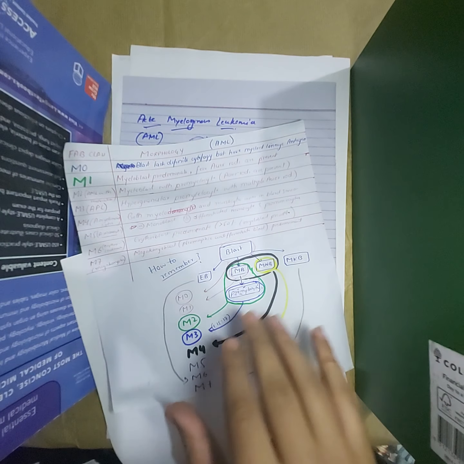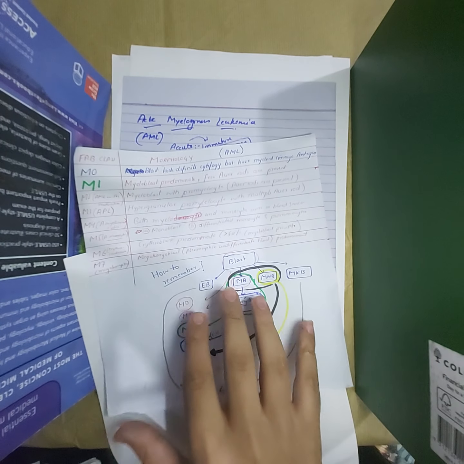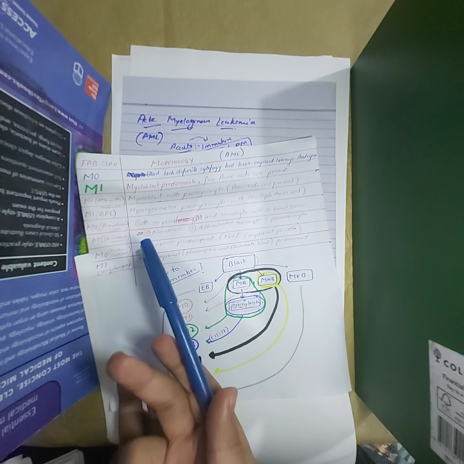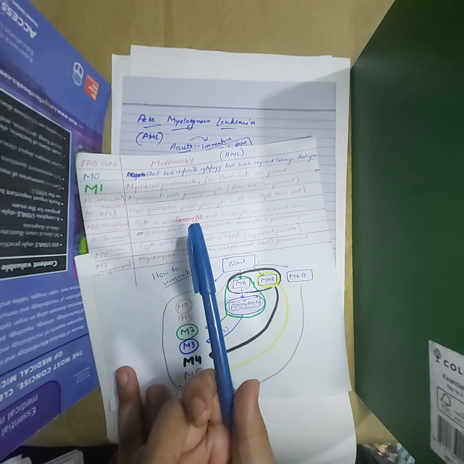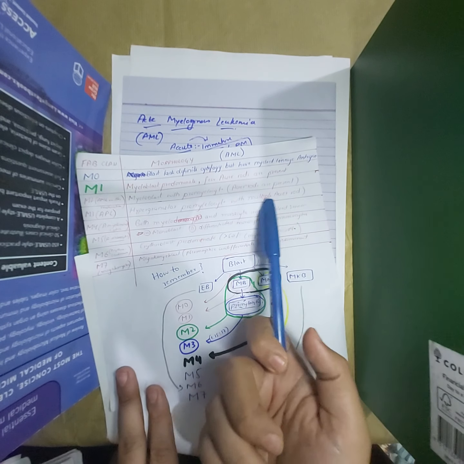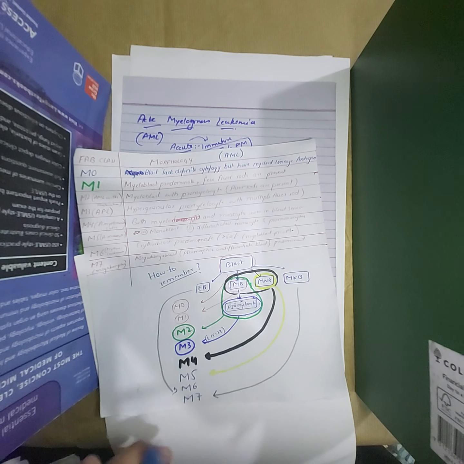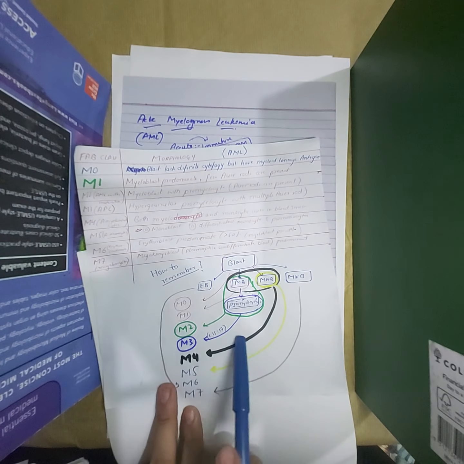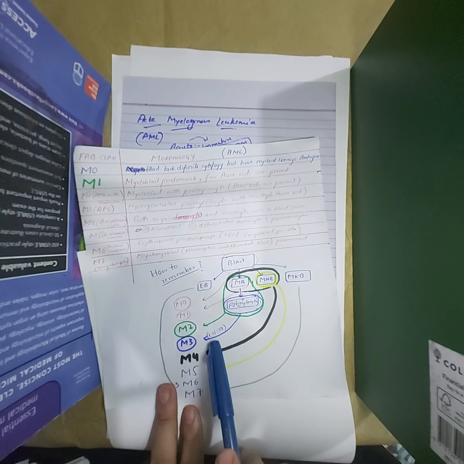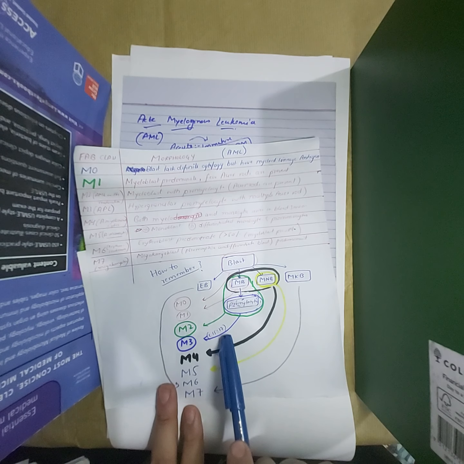So this is the FAB classification of AML, acute myeloid leukemia. If in an exam they ask about M3, what is M3 and its morphology: M3 is hypergranular promyelocytes with multiple Auer rods, and there is a mutation, a translocation between chromosome number 15 and 17.